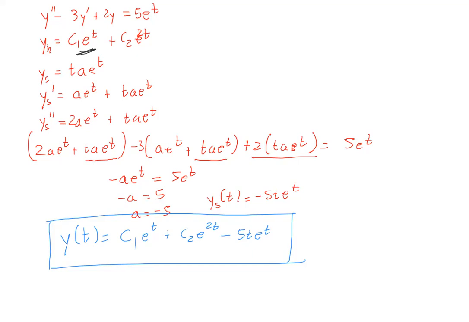Okay. You mean in the homogeneous, if you have e to the t and e to the 2t. So if you didn't have that, then a e to the t would have worked just fine.